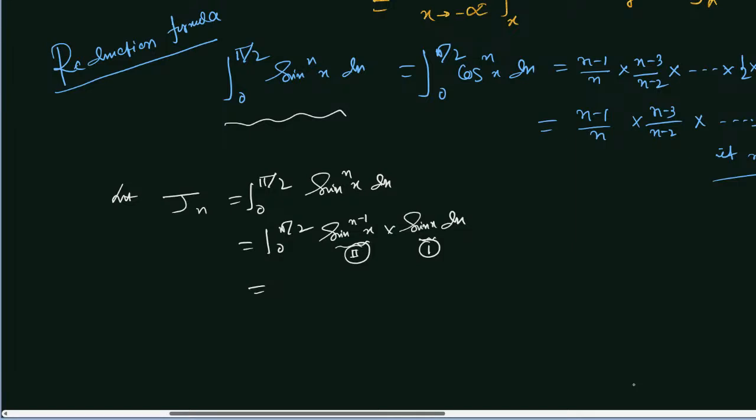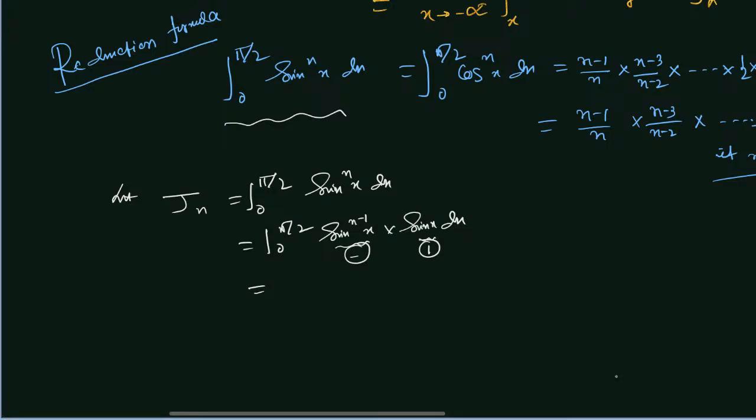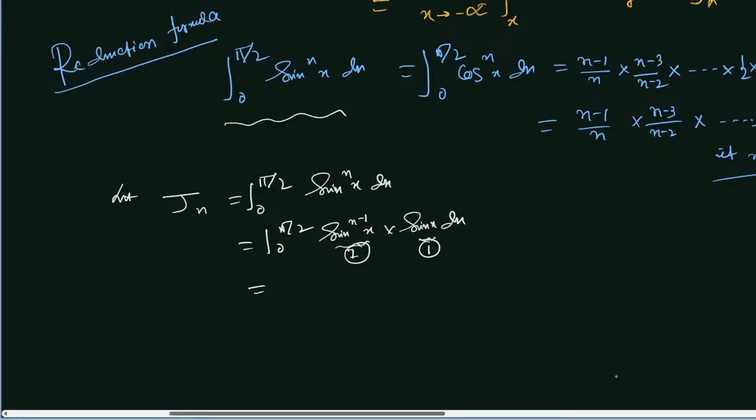You take sin x as the second function and sine to the power n minus 1 x as the first, because its integration can be done easily.